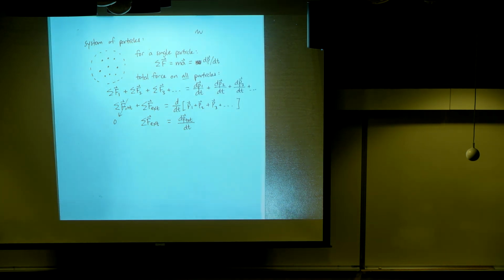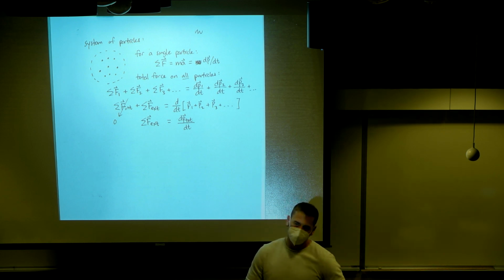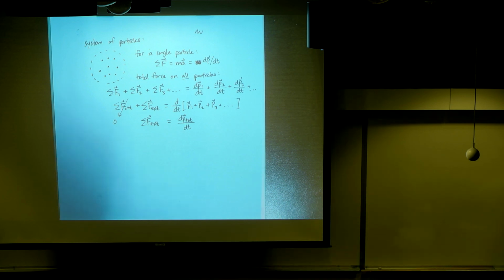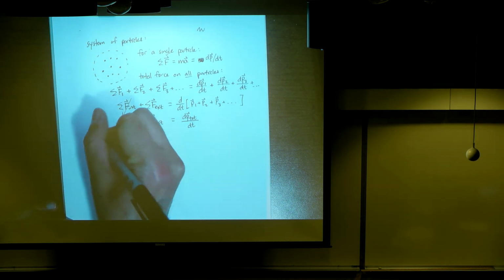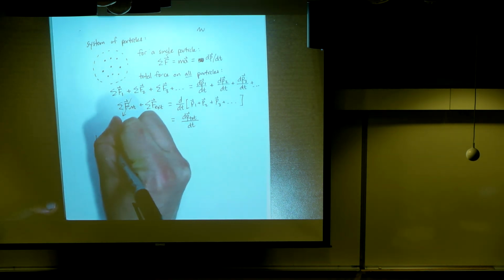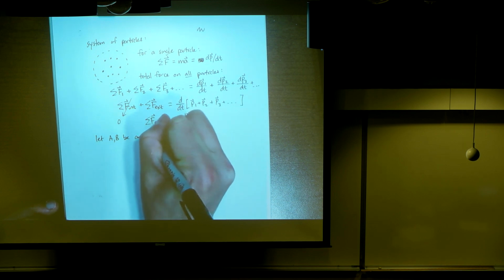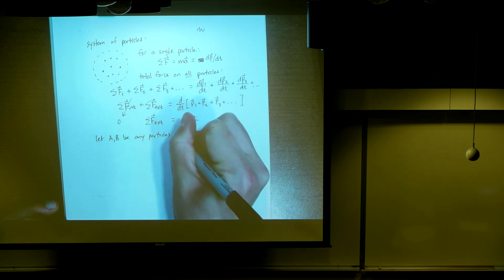Anyone remember what Newton's third law of motion says? What's the third law about? Every action has a reaction. Every action has a reaction, and it's equal and opposite in particular, right? So here, let me just pick two particles out of the system. Let's just say let A and B be any two particles in my system.